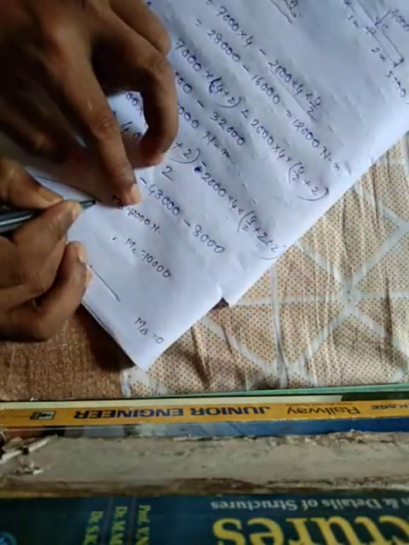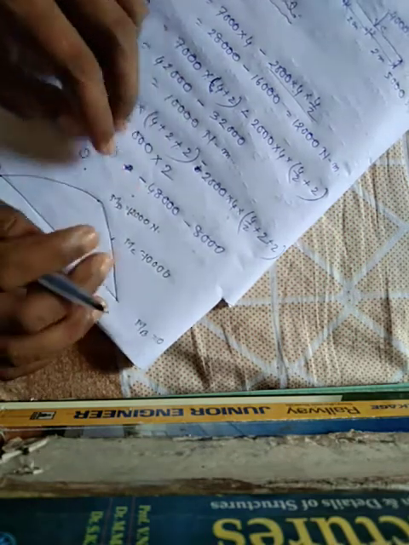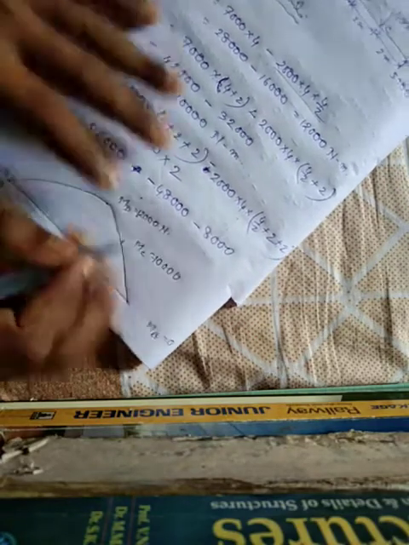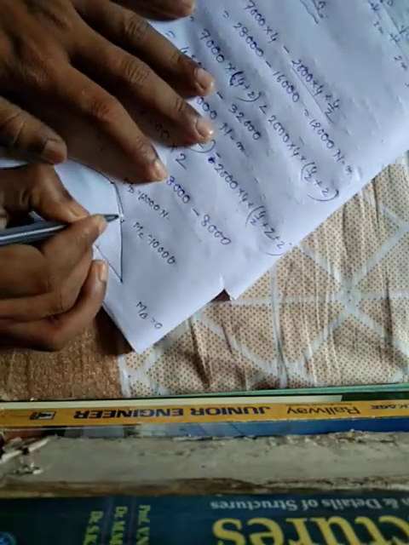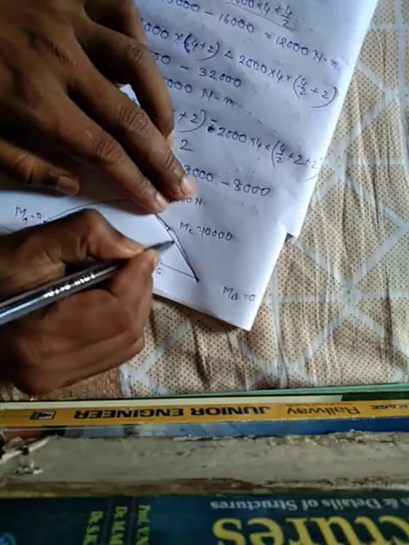From D to C it is point load, that means linear up to B. This is the linear shape up to B. This is the shape of the bending moment diagram.